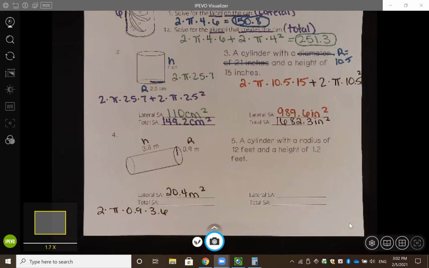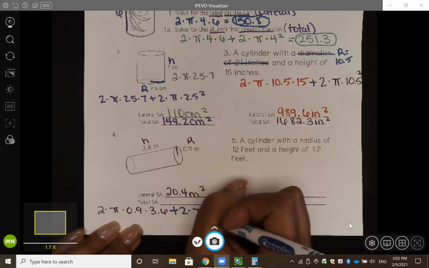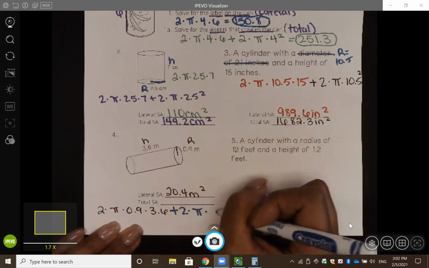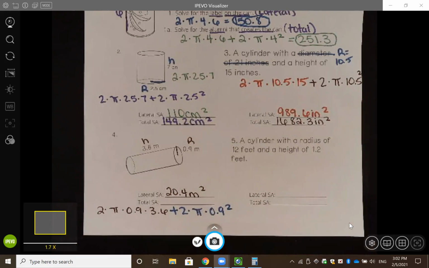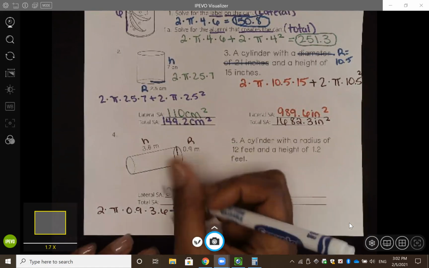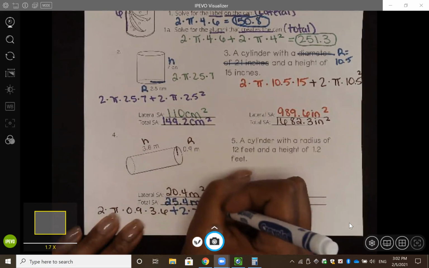And then to finish off, for my total surface area, I'm going to do plus 2 times pi times my radius, which is 0.9 squared. And that is 25.4 m squared.